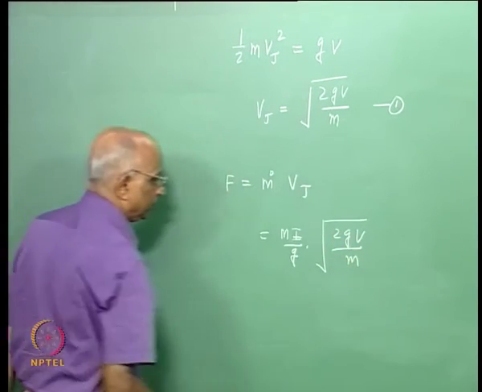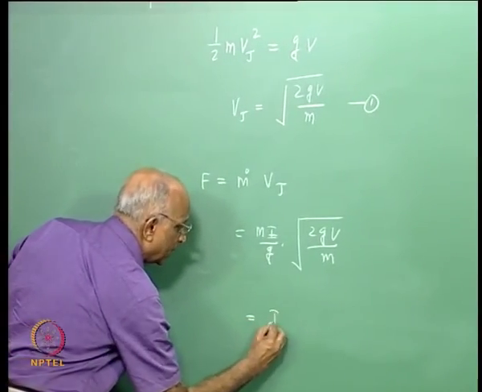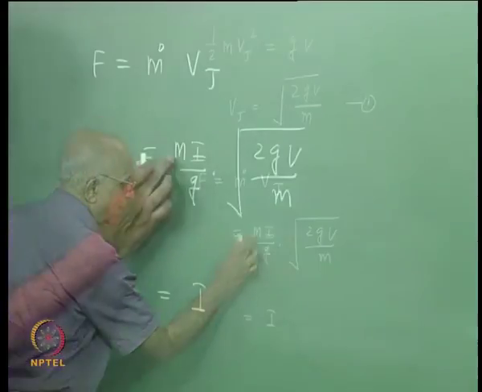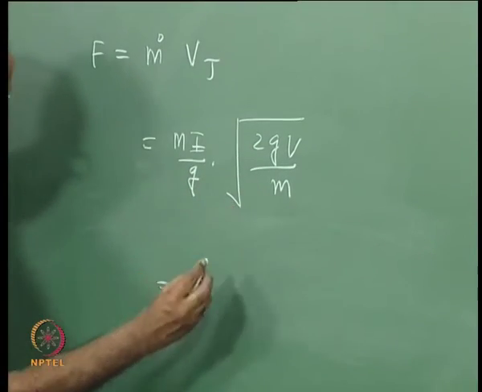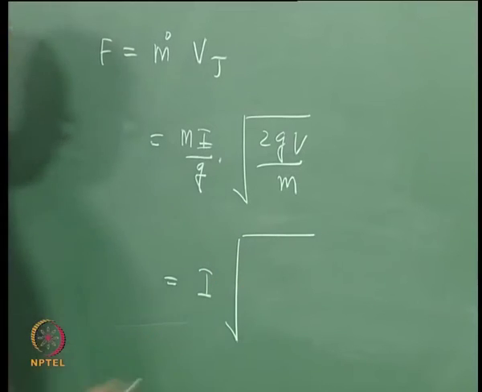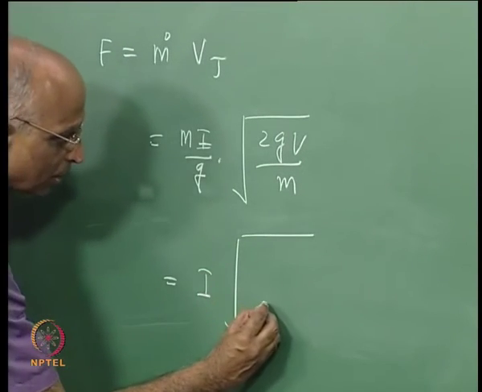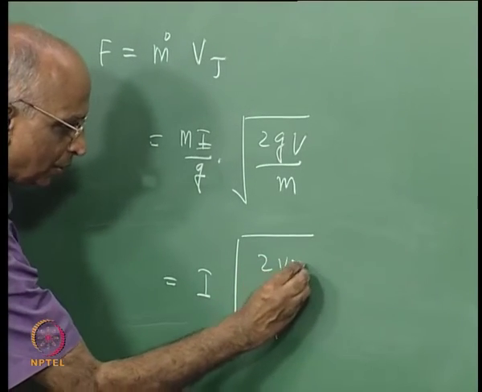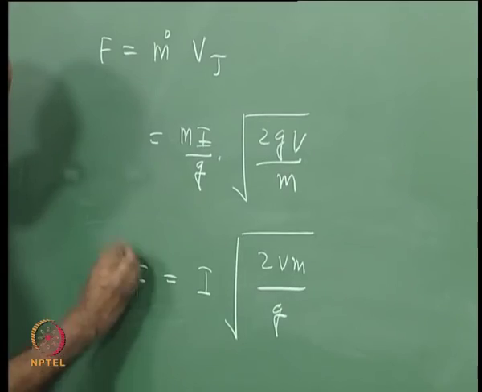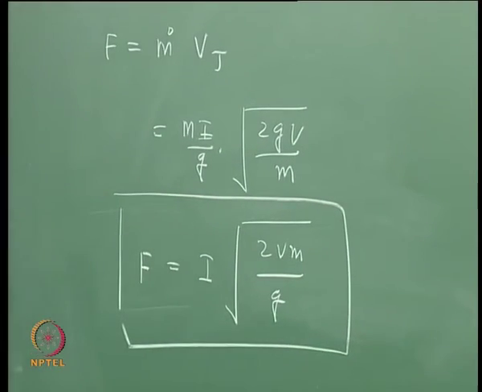Taking it outside, m comes on top, q at the bottom, into under root. What is it I get? I get m by q into under root 2 V q by m is equal to the thrust, and this is the thrust I get by moving a charge in a medium.